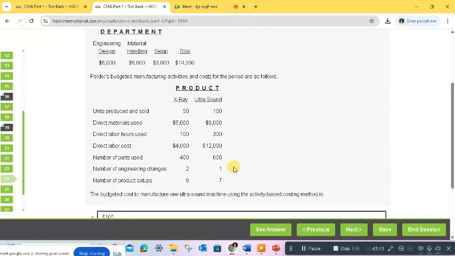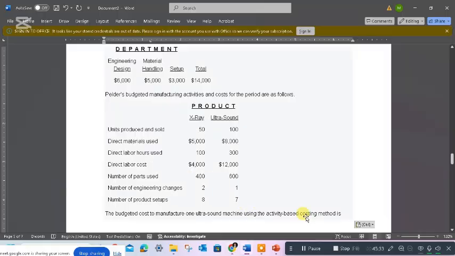Okay. Engineering design cost $6,000. What could be the base for that? Number of engineering changes, isn't it? 2 plus 1, altogether 3.